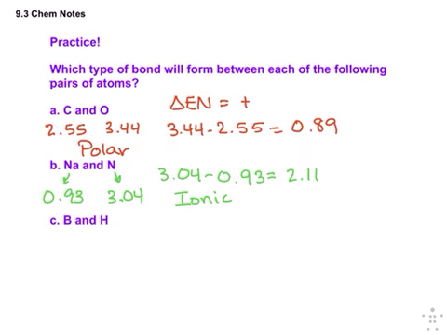And last one for practice, we have boron. What is boron's electronegativity? 2.04. Hydrogen's is 2.20. So setting it up so we get a positive answer, 0.16.